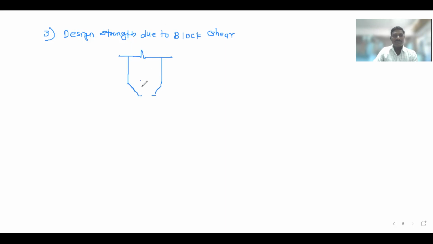If this is your plate, and to this plate this angle is connected like this, and here tensile force is active. So in block shear failure, what happened?